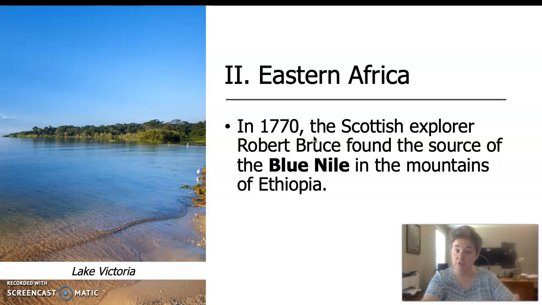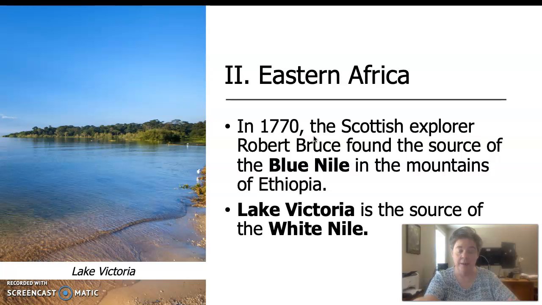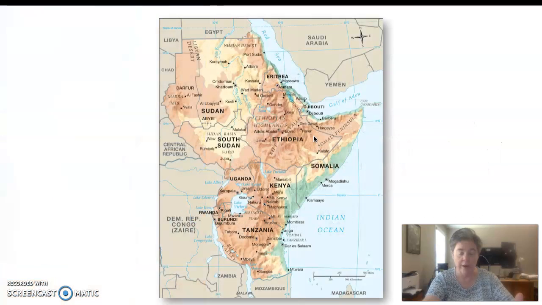So he found the source of the Blue Nile. But Lake Victoria is the source of the White Nile, and a man named John Speke found it. He thought that Lake Victoria was the only source of the White Nile, but we found out later that the White Nile actually flows into and out of Lake Victoria.